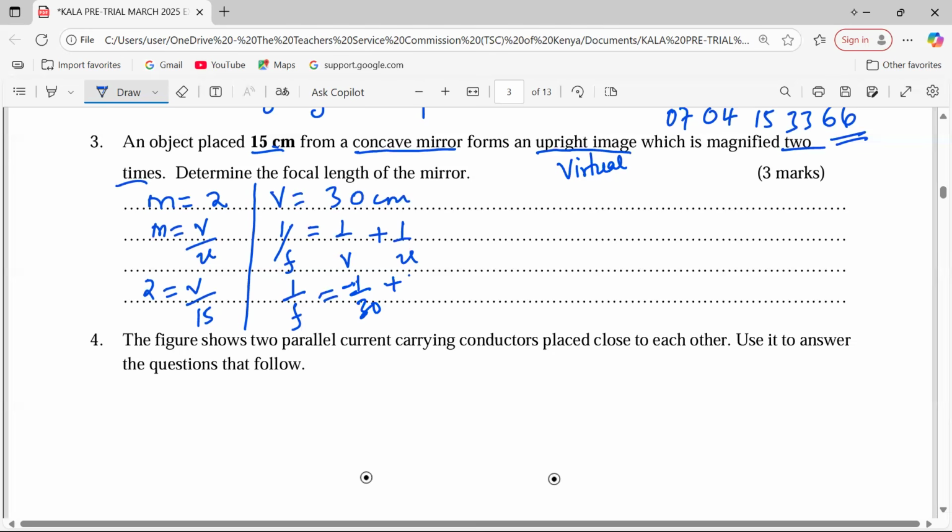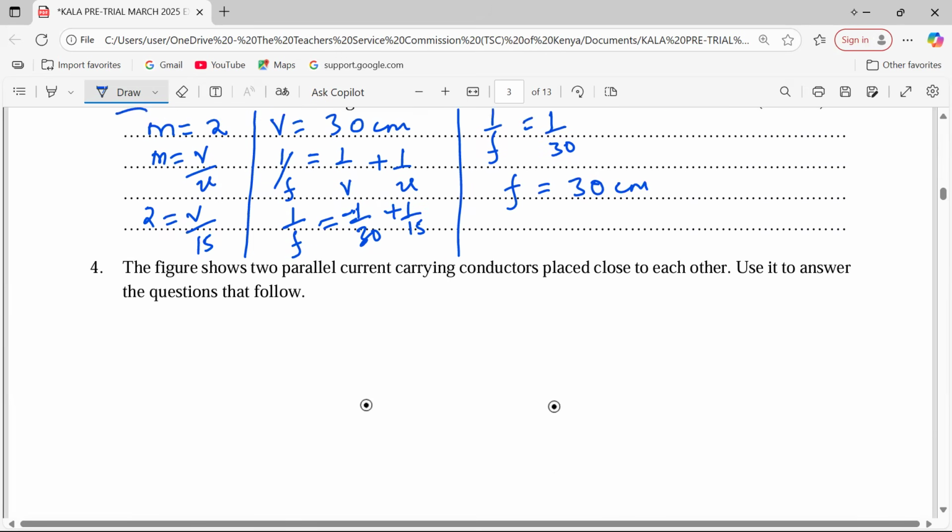Then plus 1 over 15. And we're going to get 1 over f is equal to 1 over 30. And therefore, f equals 30 centimeters. This is a very interesting lesson. Very interesting.